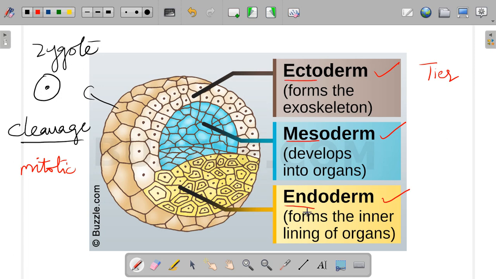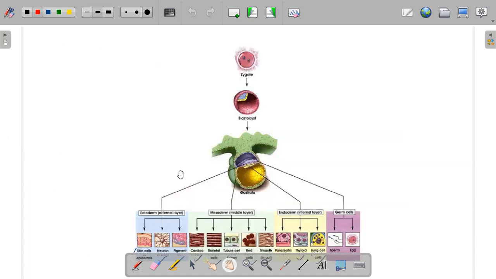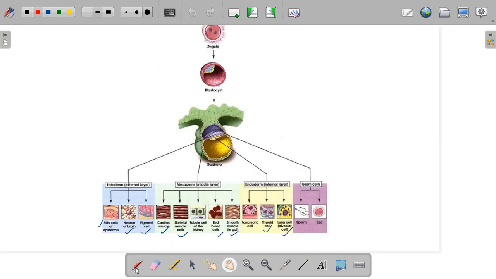Now, what is the purpose of these germ layers? Ectoderm, mesoderm and endoderm. Soon after the cleavage, the embryo starts developing into the body of an organism. Looking at this picture, you can see the zygote divided into many cells. You can see ectoderm, mesoderm and endoderm. These cells start developing into different parts of the body.